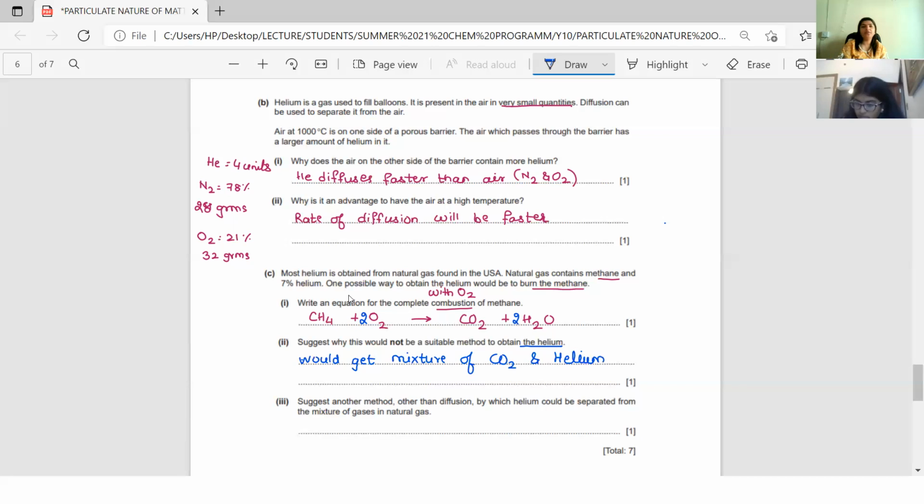That is why it is not suitable. If I would get pure helium, then yes, it would be suitable. And the next one is, suggest another method other than diffusion by which helium could be separated from the mixture of gases. So now there is a technique which is called fractional distillation.